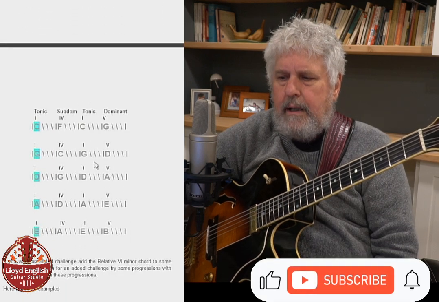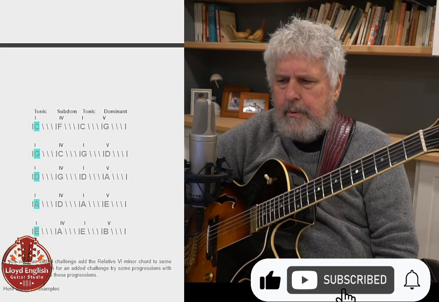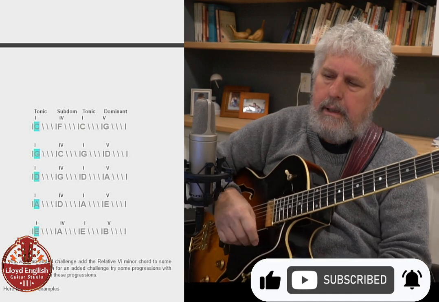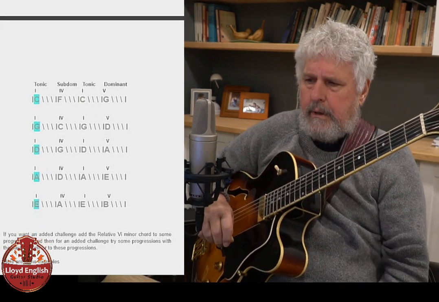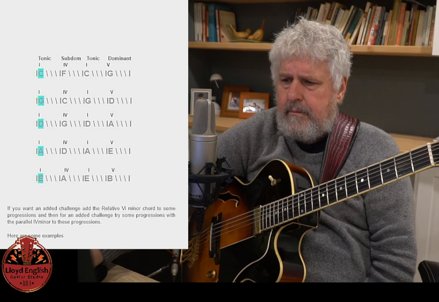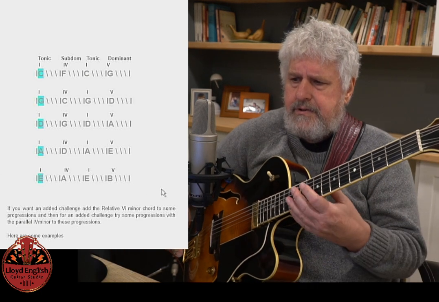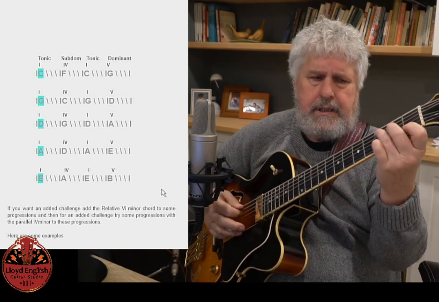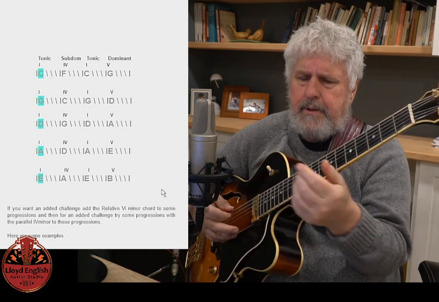Okay, so here are the chord progressions, right? Written down in each of the keys that we just discussed. So we have C. I'm going to play them as they're written here.